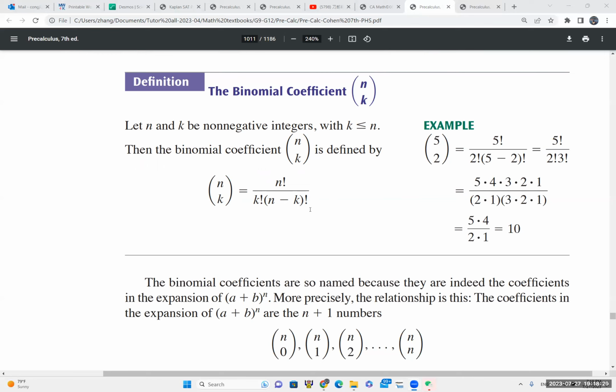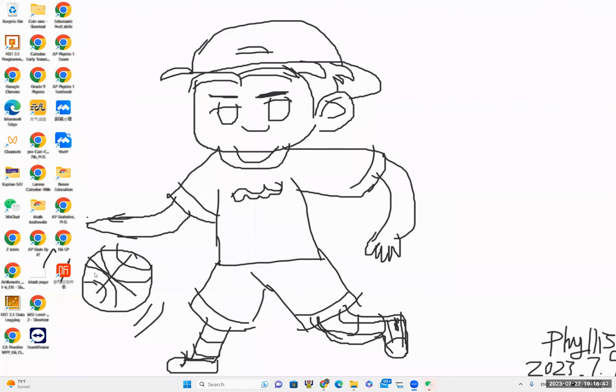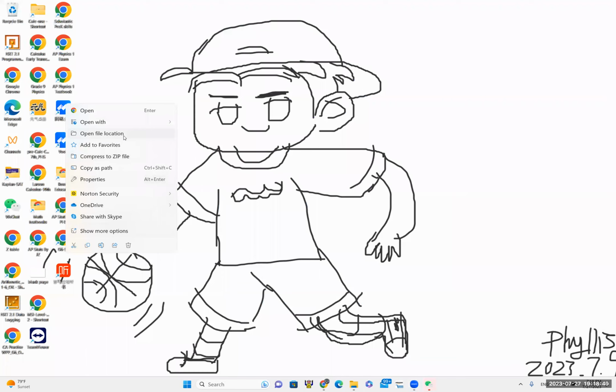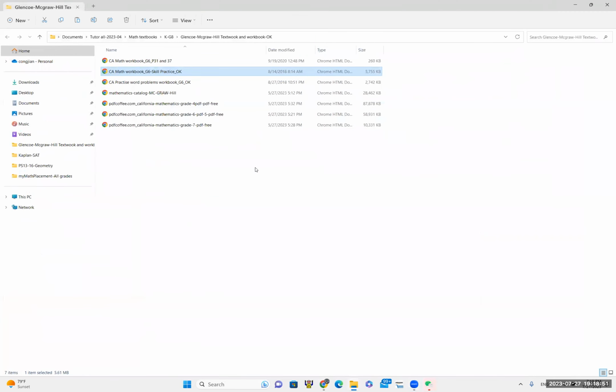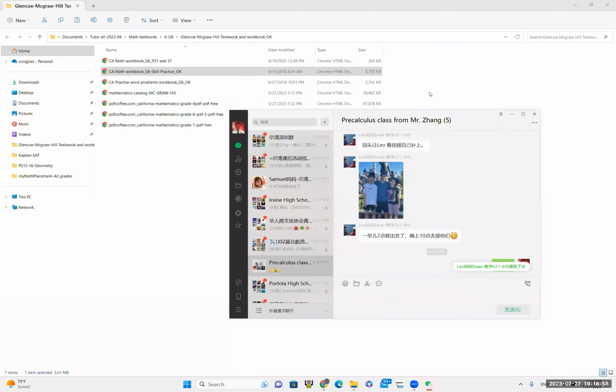It's not really from permutation and combination. I'm not sure. You are not sure? Yeah, so let me find something. I can send you this book.